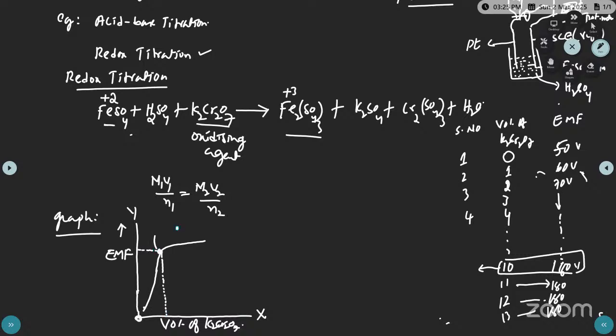So this is the end point that we have to note like this. So this is the graph for the potentiometric titration.